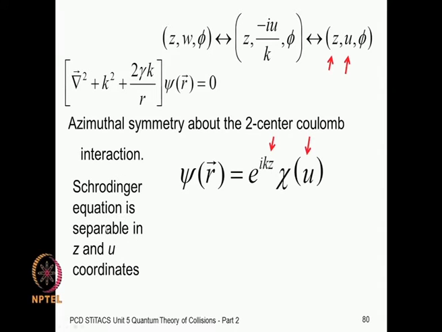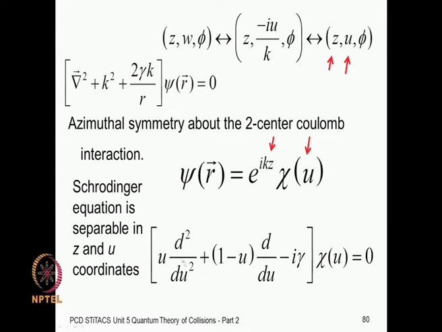So, here you separate out the Schrodinger equation in z and u and get all the dynamics in just one equation, which is the differential equation in the coordinate u. Okay.